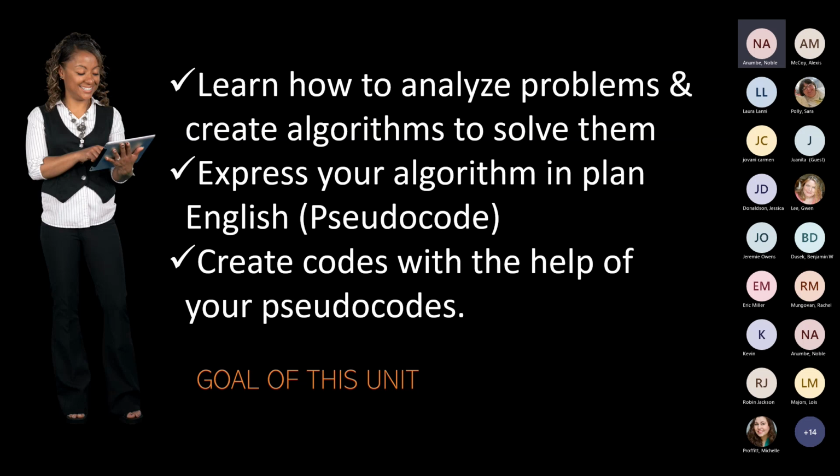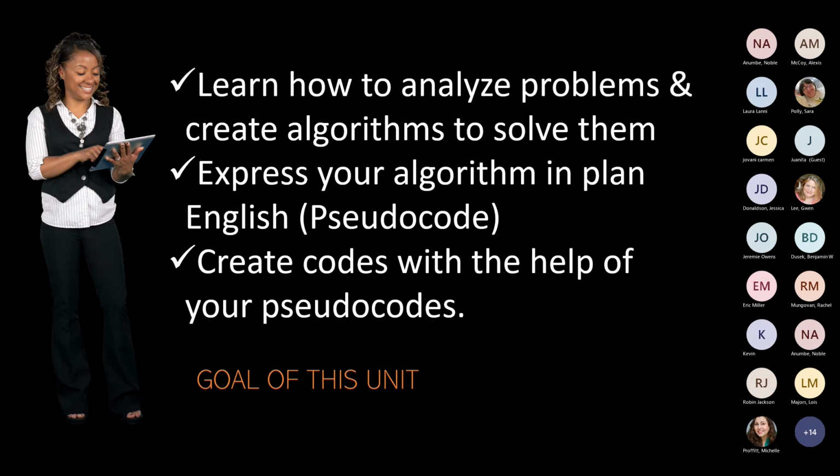So for the non-technical folks in here, you're going to first of all understand what an algorithm is and how you move from your problem to algorithms, and then to solving those problems before you write your code. Number 2, you want to know how to express your algorithm in plain English, and then create code with the help of your pseudocode.